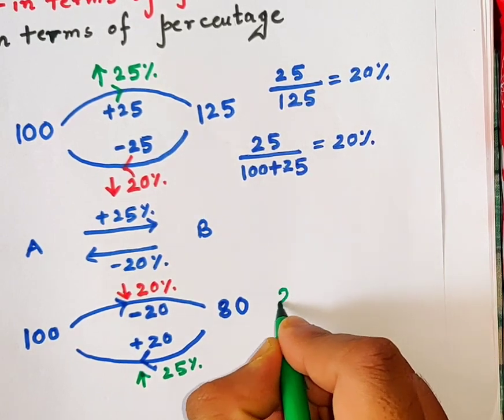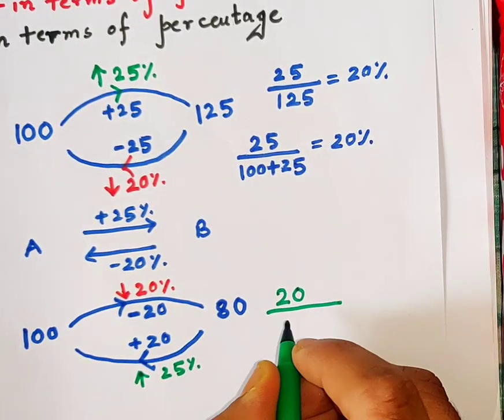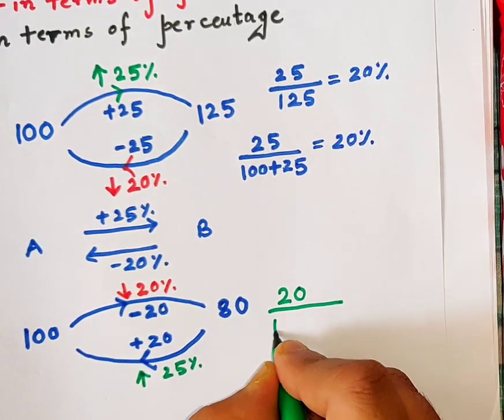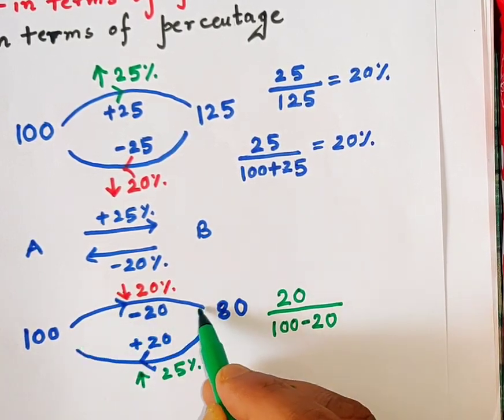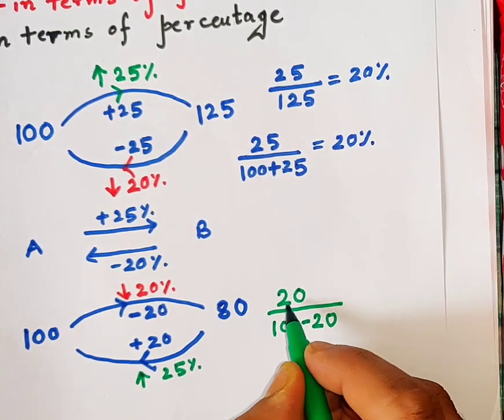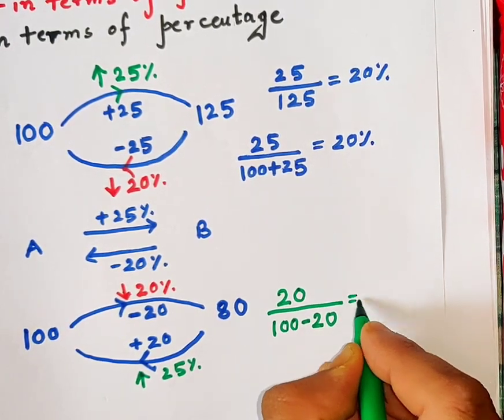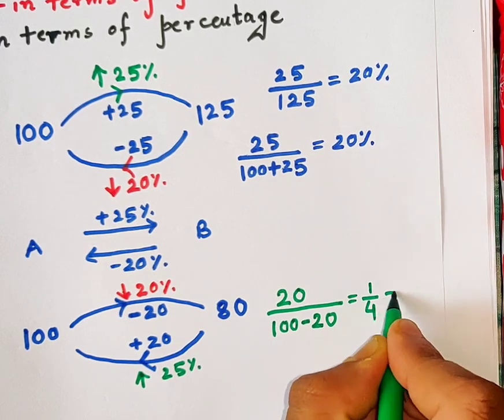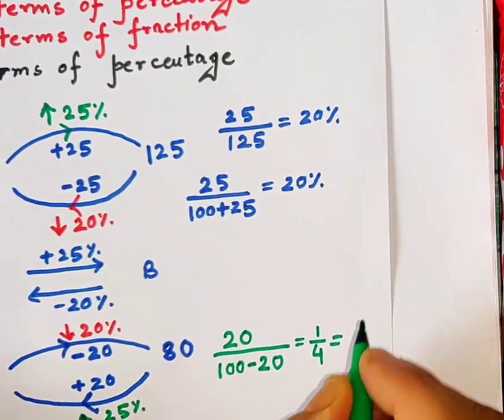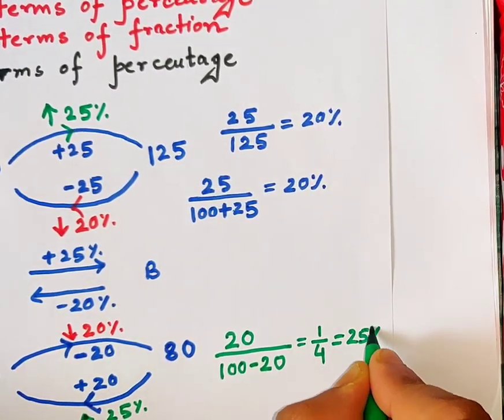You should remember, 20 by 100 minus 20. Because you have reduced, your base has reduced, so you did 20 by 100 minus 20. This is 20 by 80, which is 1 by 4, and it came out to be 25%.